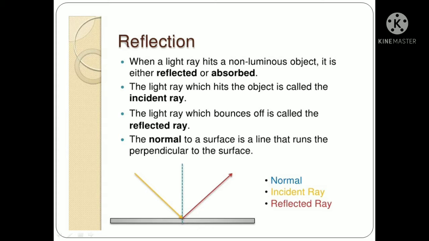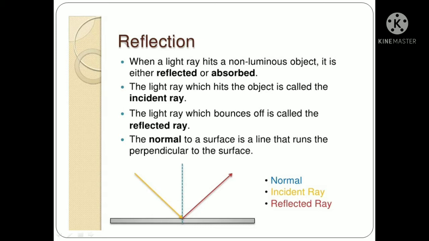The light ray which hits the object is called the incident ray, and the light ray which bounces off is called the reflected ray. The normal is a line that runs perpendicular to the surface.